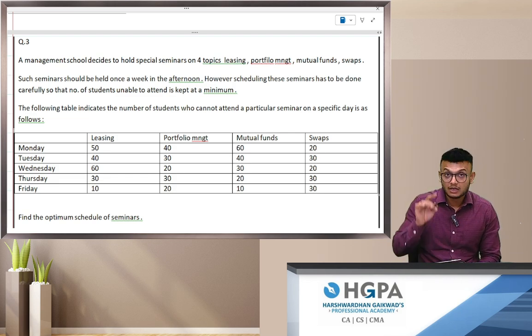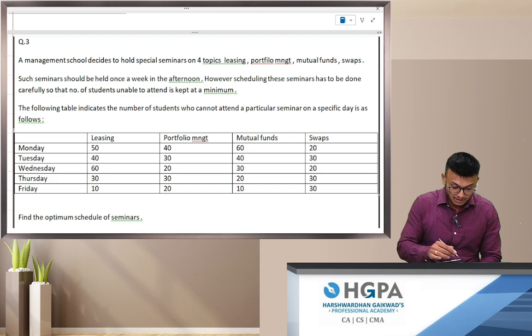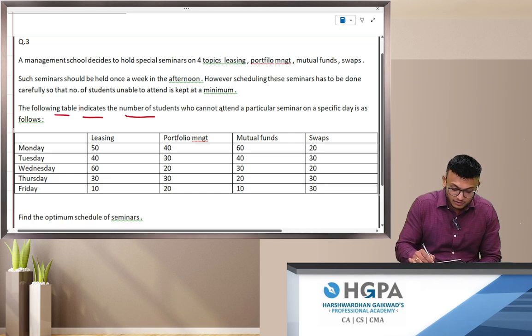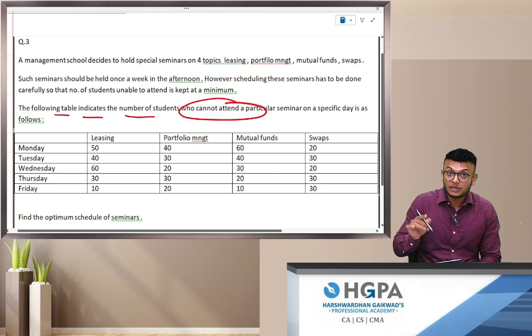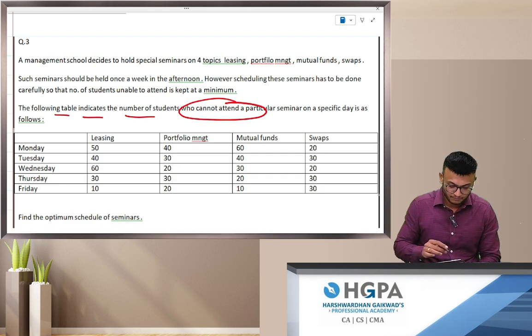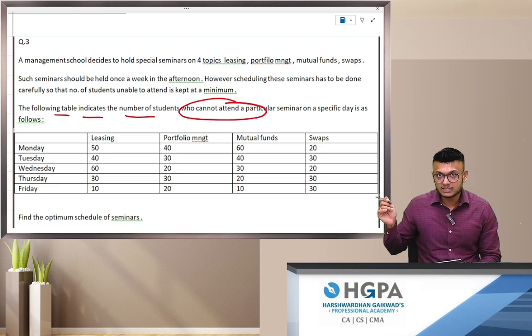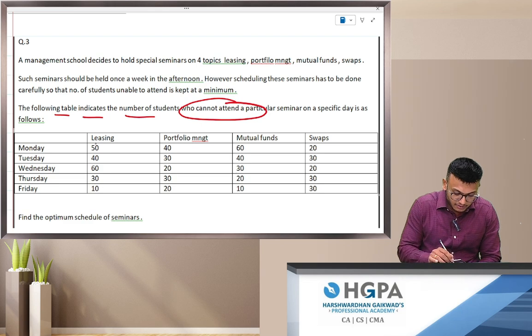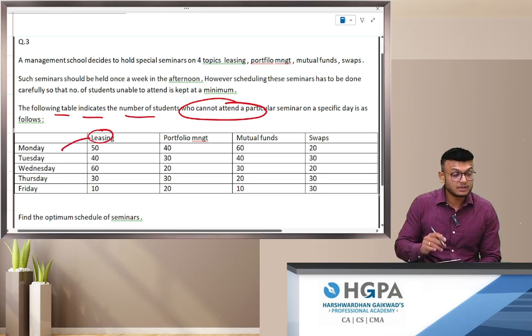So I understand this question very properly. The following table indicates the number of students who cannot attend a particular seminar on a specific day. What is the meaning of the question? If you keep leasing on Monday, 50 students will not attend.